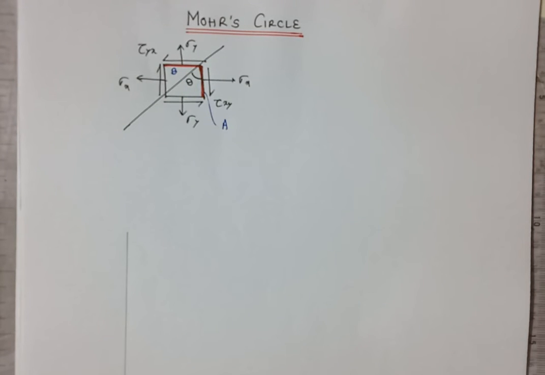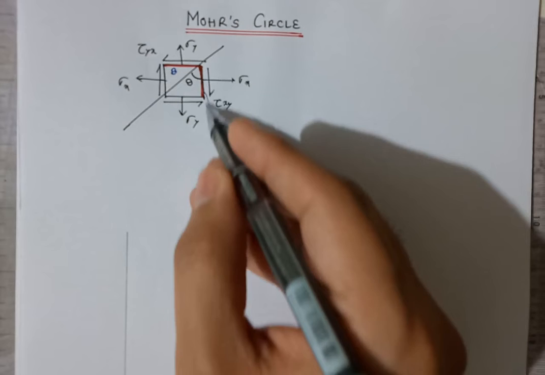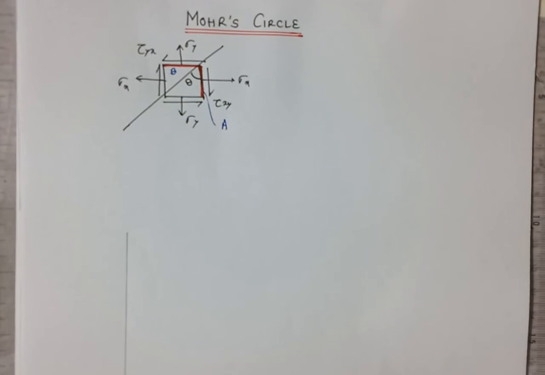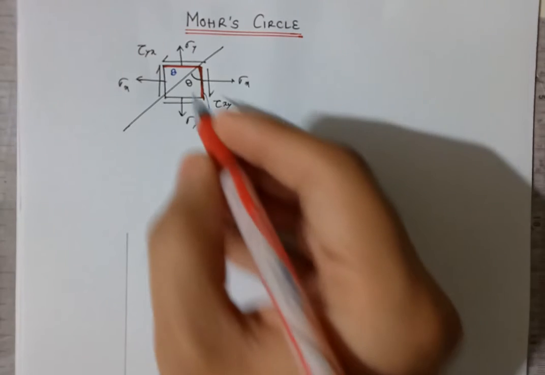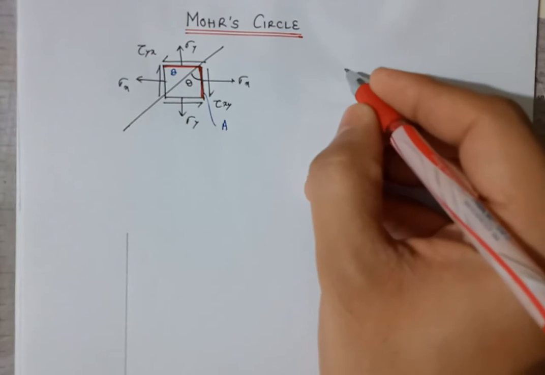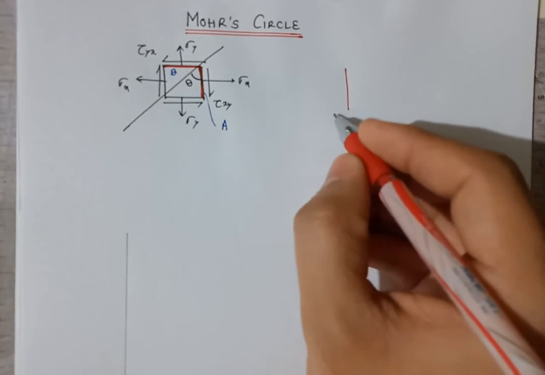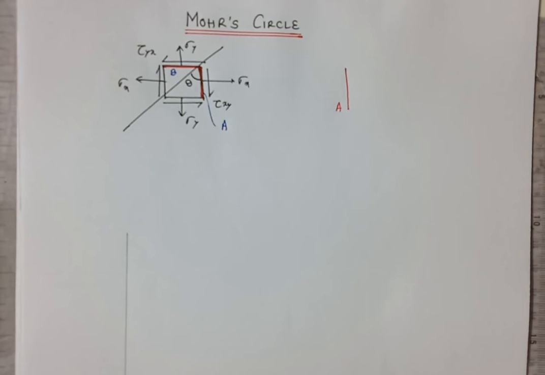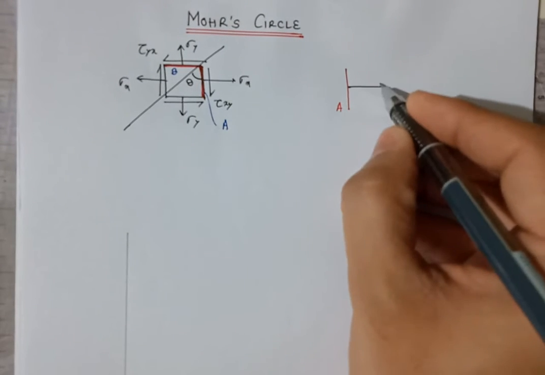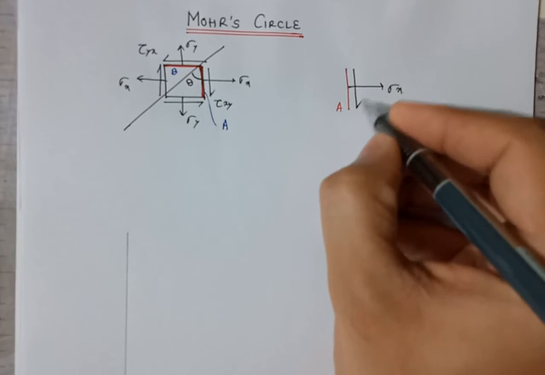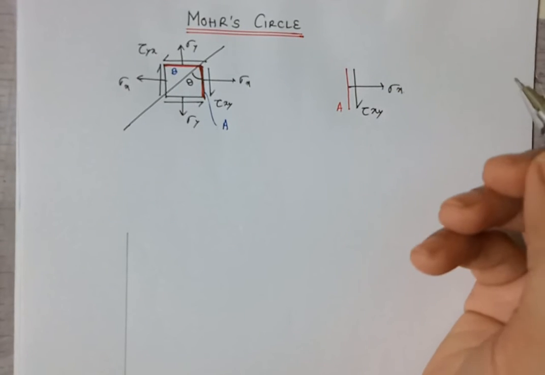Now I will be starting with plotting of the Mohr's circle. On plane A, I'll be drawing this separately. On plane A, this side, here you are having sigma x and tau xy.